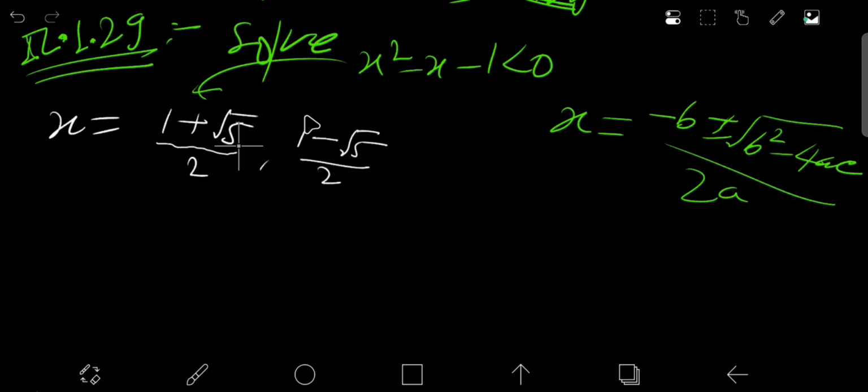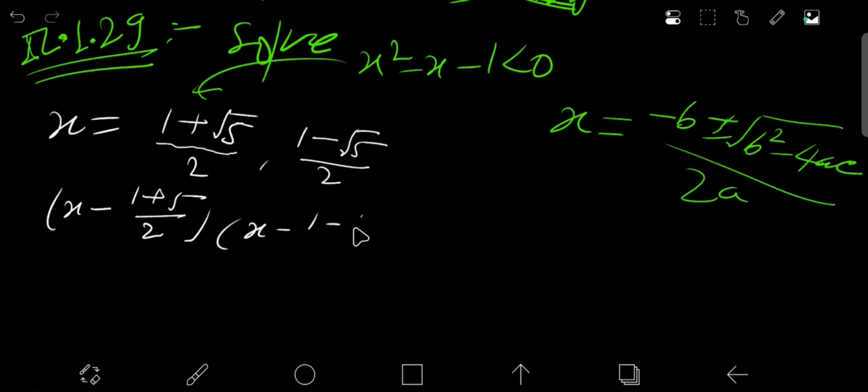This type we get roots. So this inequality we can write as x minus (1 plus square root 5)/2 times x minus (1 minus square root 5)/2 is less than 0.